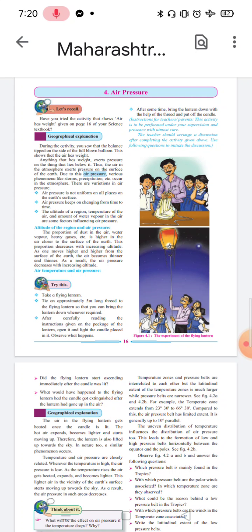As we go away from the surface of the earth, the proportion of gases, dust particles and water vapor becomes less. Hence, air pressure decreases and air becomes thinner and thinner as we go higher from the surface of the earth. Hence, altitude of the region affects the air pressure. As height increases, air pressure decreases.